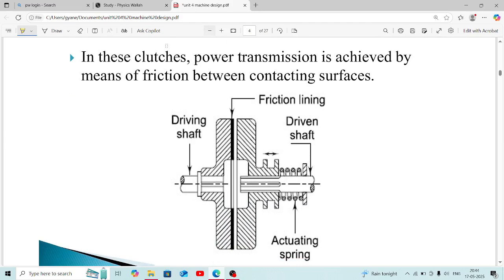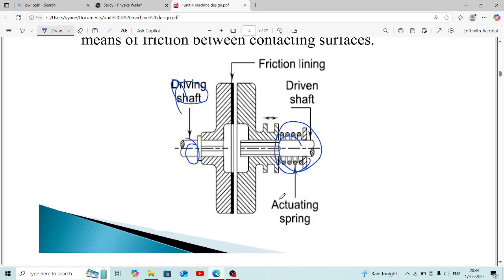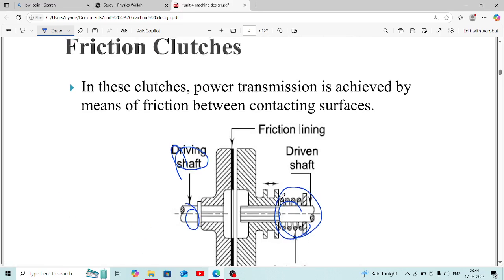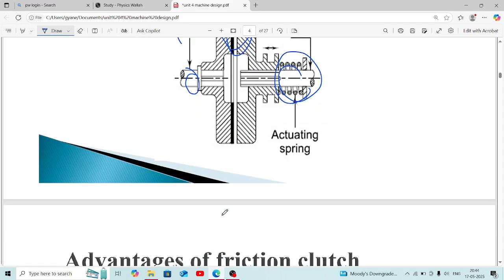This is a driving shaft, and this is a driven shaft. This is a friction lining between the driving shaft and the driven shaft.